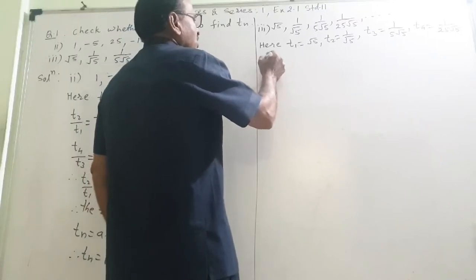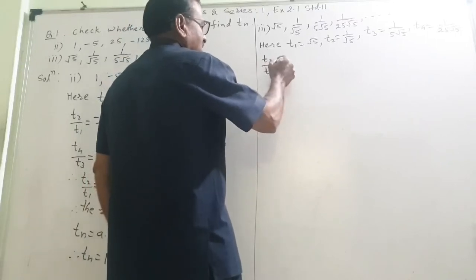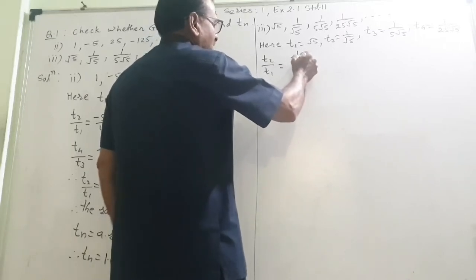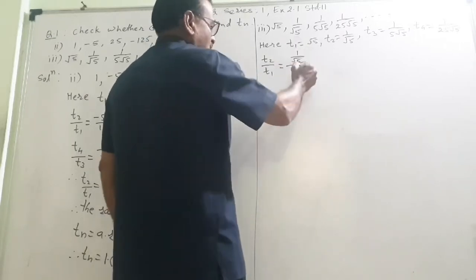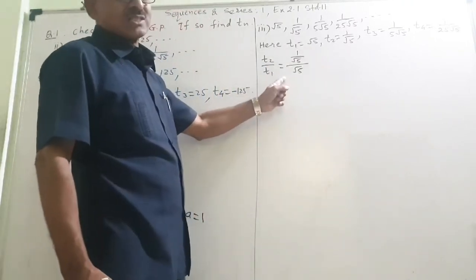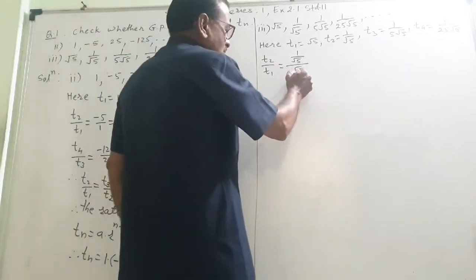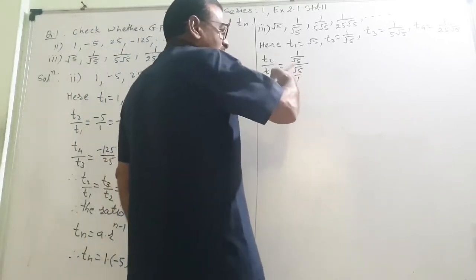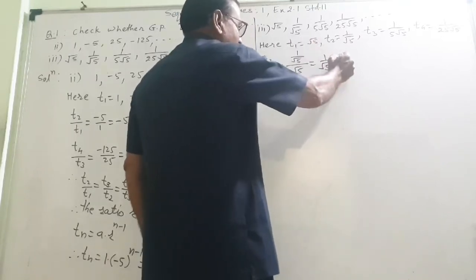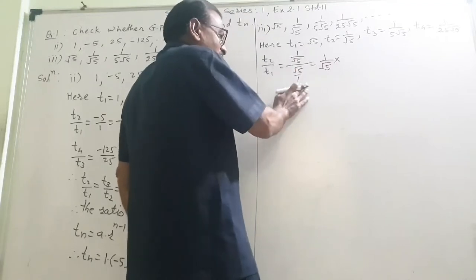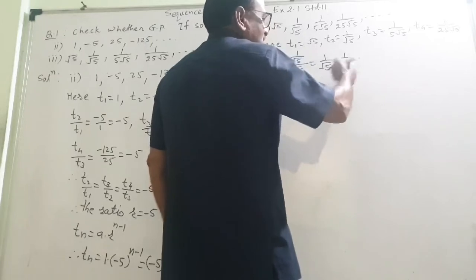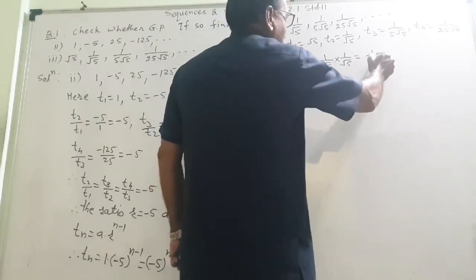So T2 upon T1 is equal to 1 upon root 5 upon root 5. Some of the students may struggle to solve this. Actually this is root 5 upon 1, this is T1. So divided by means what? 1 upon root 5 into the inverted of this, 1 upon root 5, and that is equal to 1 upon root 5 times root 5, which is 5.